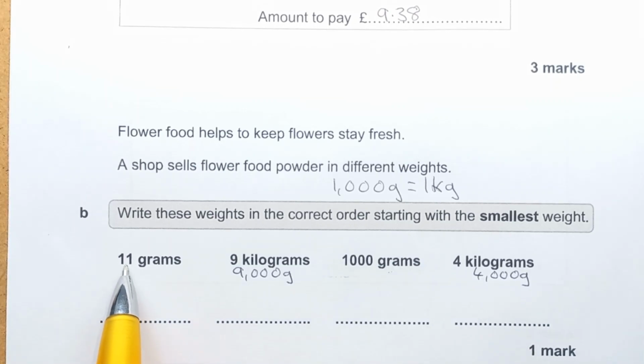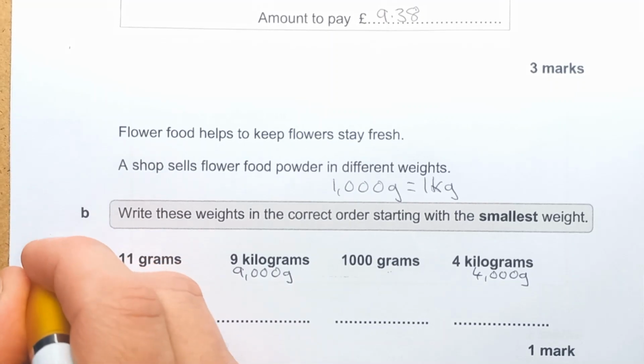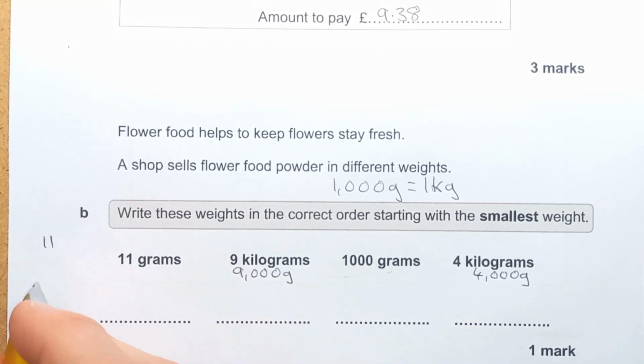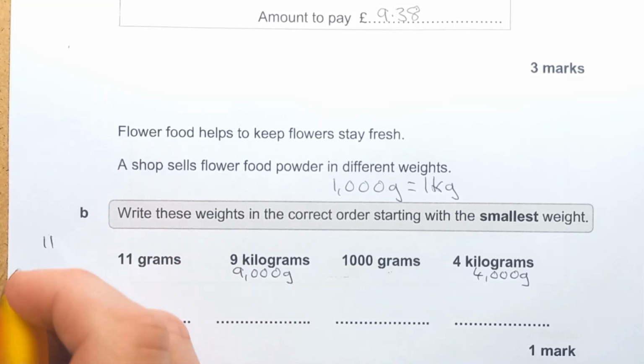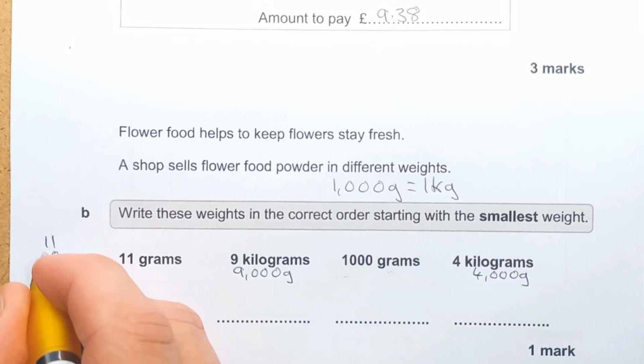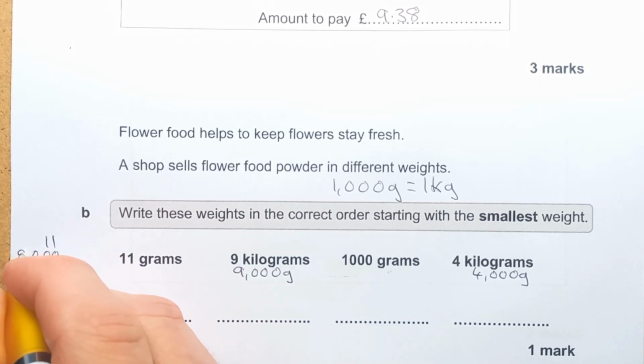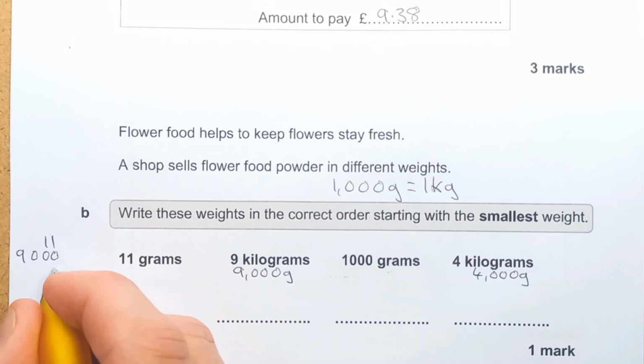So we want the smallest weight. So we're comparing 11, 9,000, 1,000 and 4,000. If it helps, you can write them on top of each other. Remember to line up the units though. So if we're doing 11, the 9,000, if I write it sort of backwards, it would be like that. 1,000.